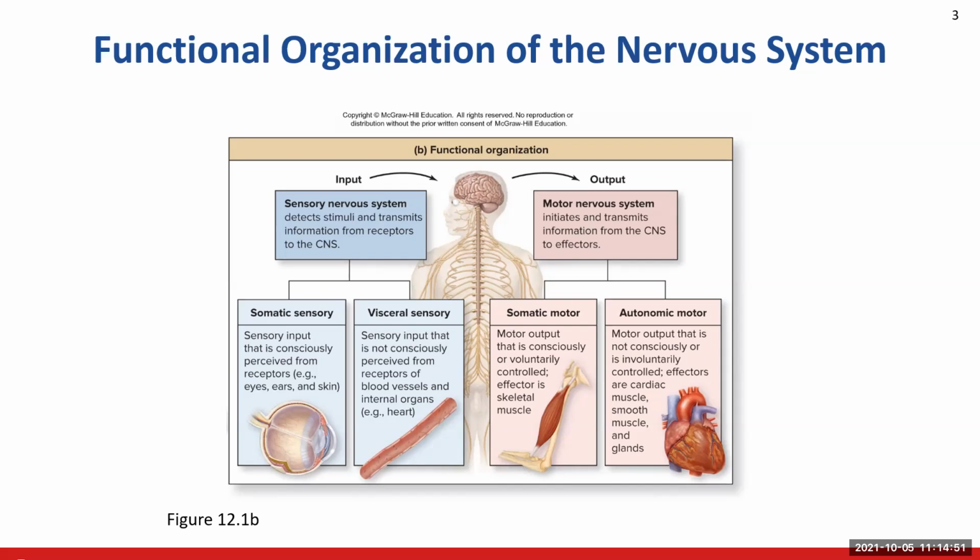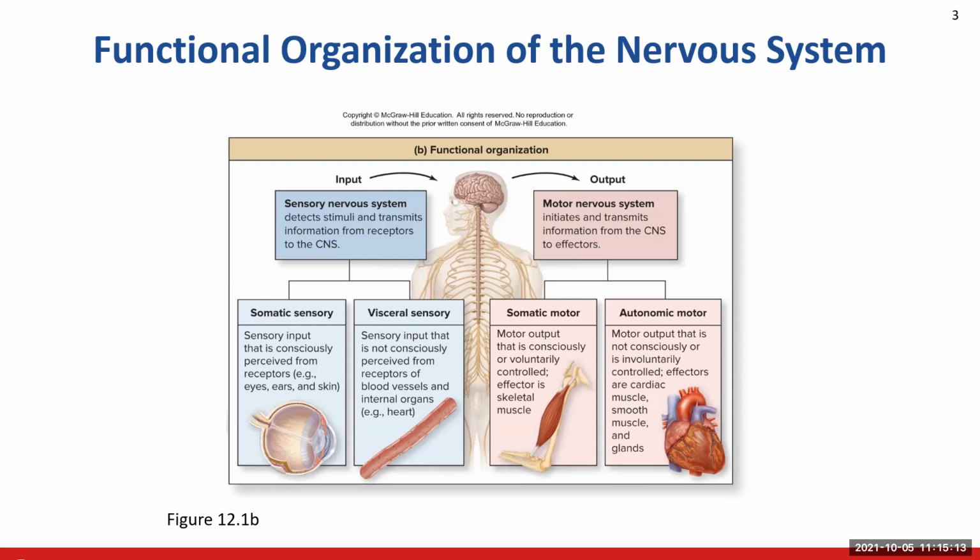Like I said previously 2 slides ago, we kind of compare this to a computer. You've got your sensory input, and that's all that information that the sensory nervous system brings in to our nervous system, our central nervous system. And then we have the output, which is where the motor nervous system kind of takes over.